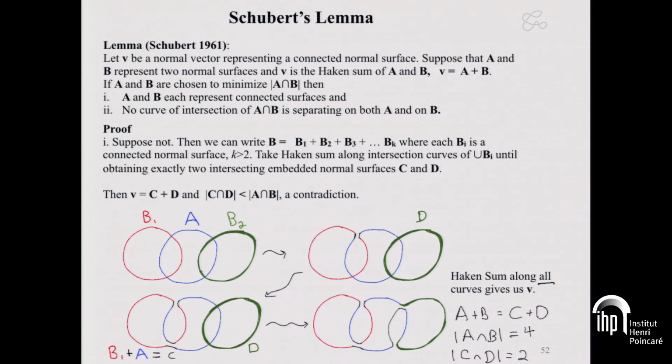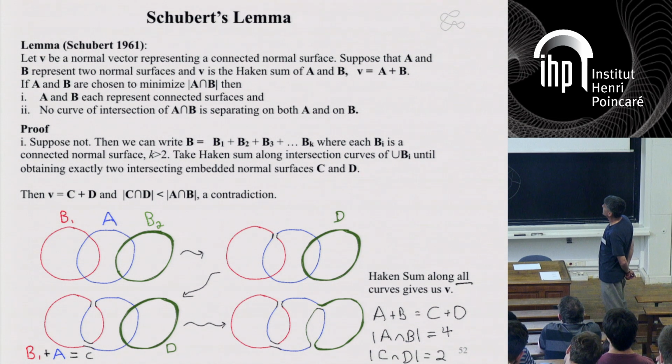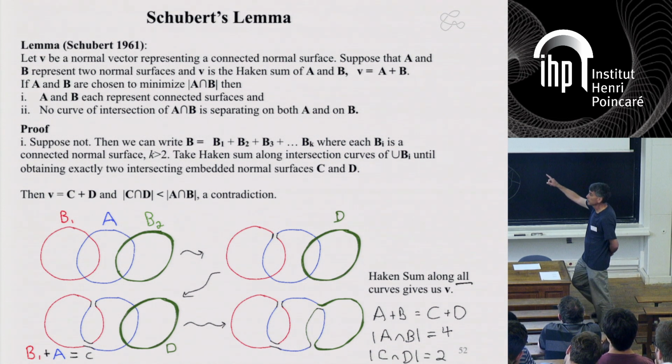It's just a little case analysis. So supposing that you had the minimal number of curves of intersection for A and B, and that A and B were not each connected. I've illustrated that here. A is the blue circle, it's connected, but B is not connected.